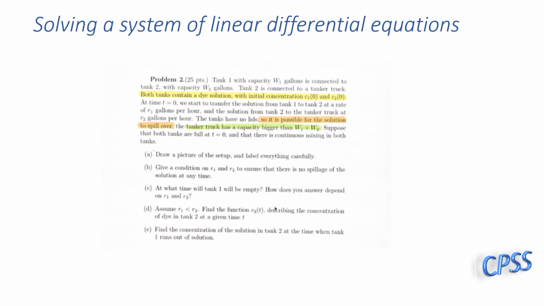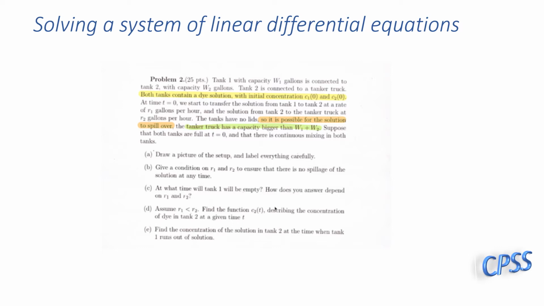All right, here's the interesting problem I was going to talk about. It's better to read the situation out instead of me just describing it. Tank 1 has a capacity of W1 gallons, connected to tank 2 with capacity of W2 gallons. Tank 2 is connected to the tanker truck, and both tanks contain a solution with initial concentrations C1 0 and C2 0.